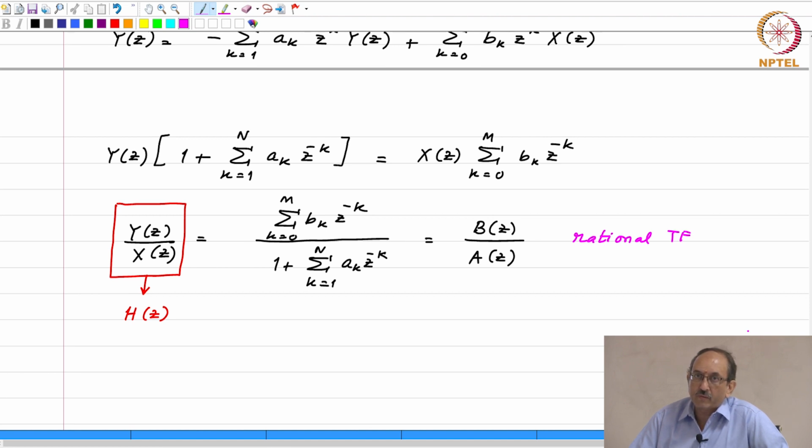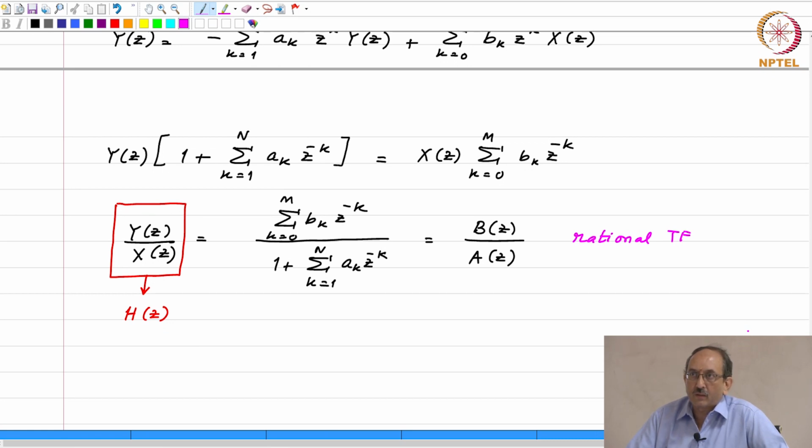In continuous time, if you had a system with rational transfer function H(s), which is of the form B(s) over A(s), suppose the transfer function is something that you want, say for example a low pass filter, you need to actually realize this in practice, and any B(s) over A(s) can always be realized in practice using R, L and C.